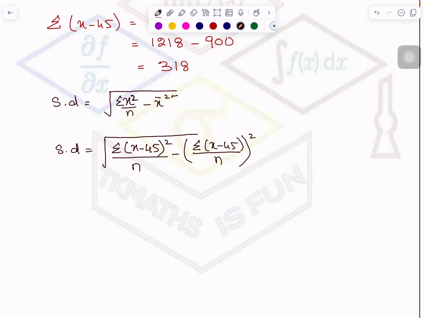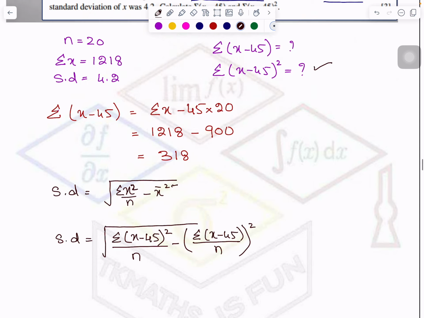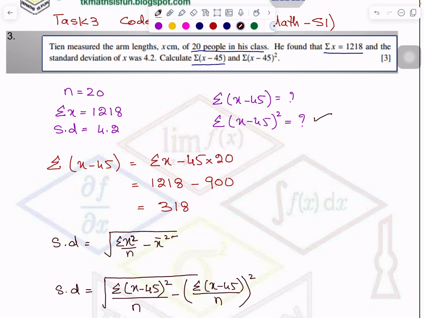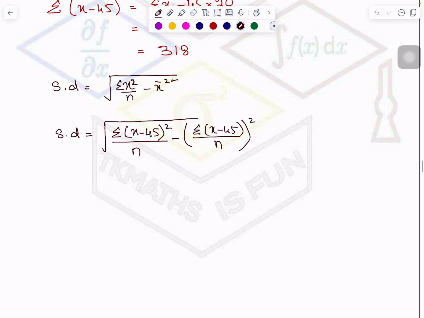Now the standard deviation is given to you in the question, 4.2, and I have told you the standard deviation of x or coded data remains the same. I have explained the reason behind it also in the previous video. The link you can find in the description below.